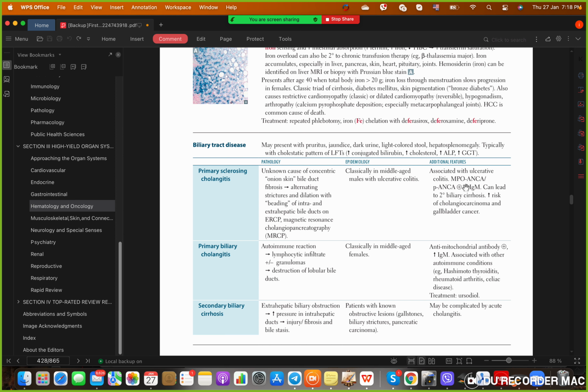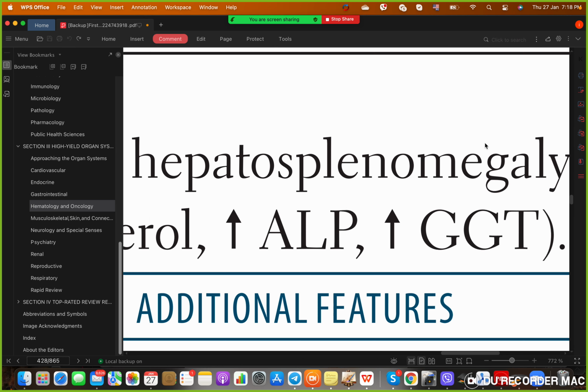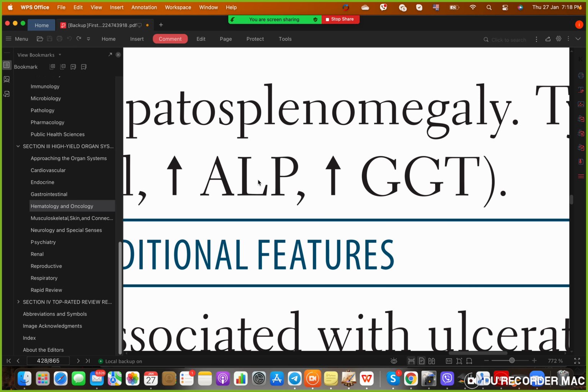So, what's up with this disease? It typically has a cholestatic pattern on the LFTs, which is the liver function test, in which the patient will have plenty of conjugated bilirubin, cholesterol, and an increase in the ALP and GGT. Well, guys, this is important. ALP versus GGT. Which one is more specific for the biliary tract between these two?